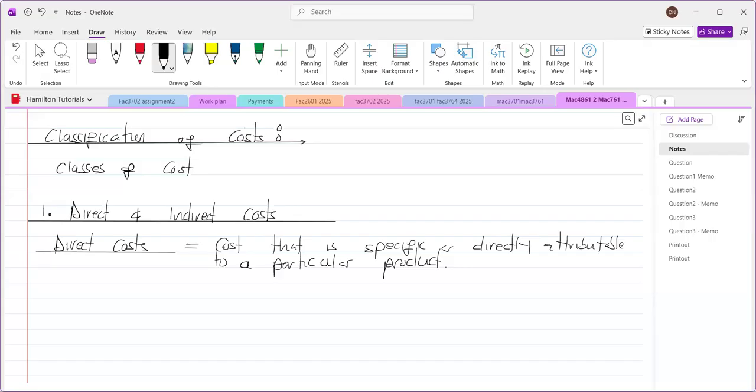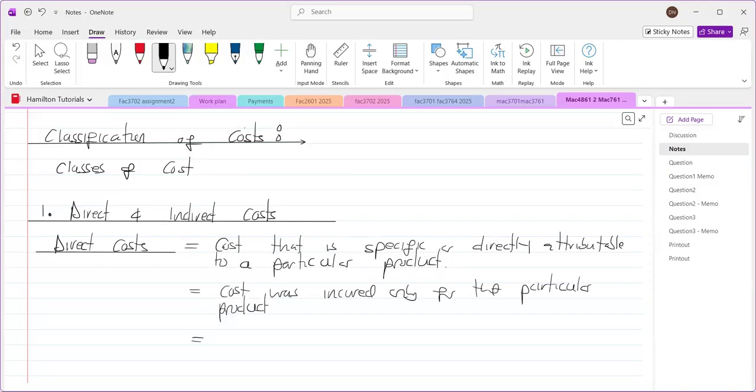So this means the cost was incurred only for that particular product.